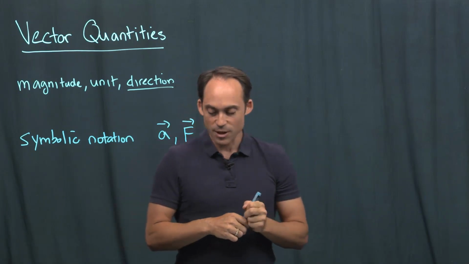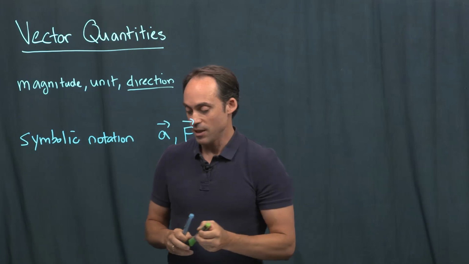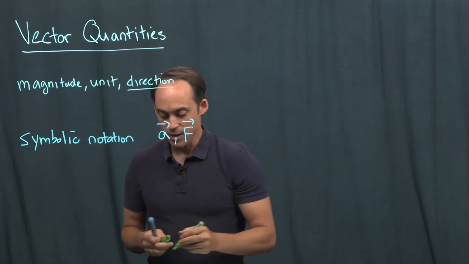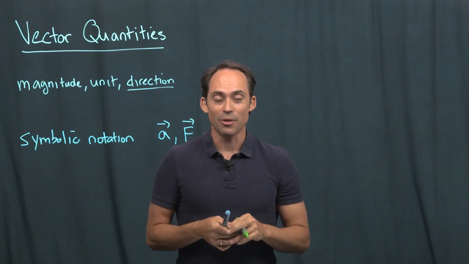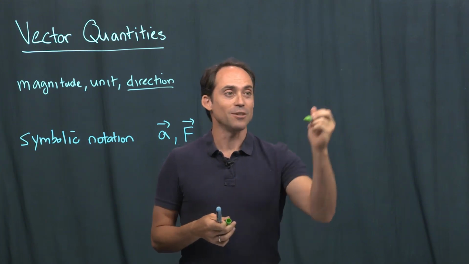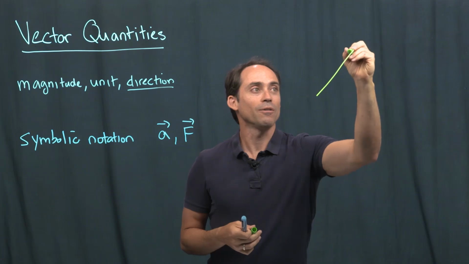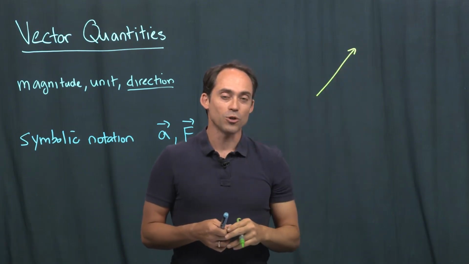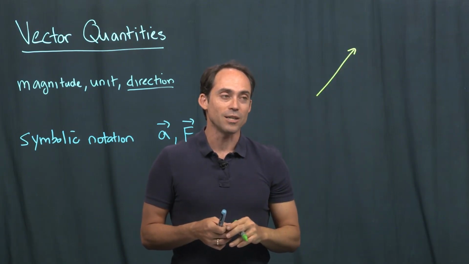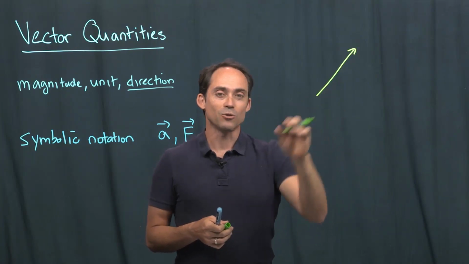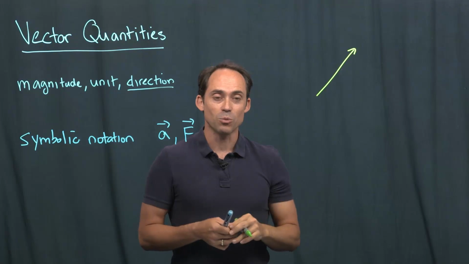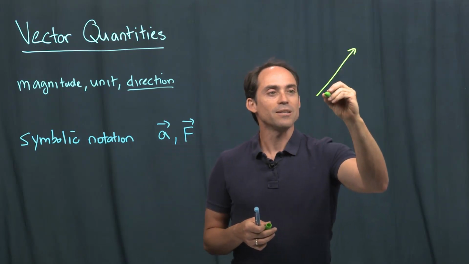We can also represent vector quantities graphically. Literally draw them. And of course, if we have a magnitude and a direction, the best kind of graphical representation of that is simply an arrow. Anytime we're drawing a diagram that includes vector quantities, you'll see some kind of arrow on that diagram. Obviously, the direction is indicated by which way the arrow is pointed, but the length also has some meaning.